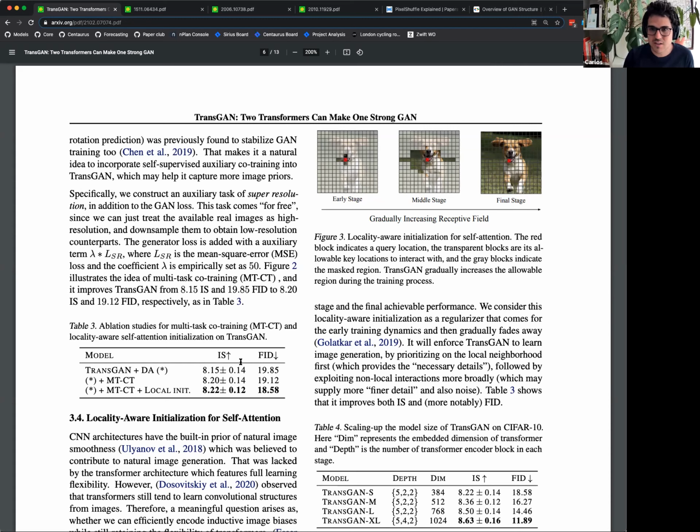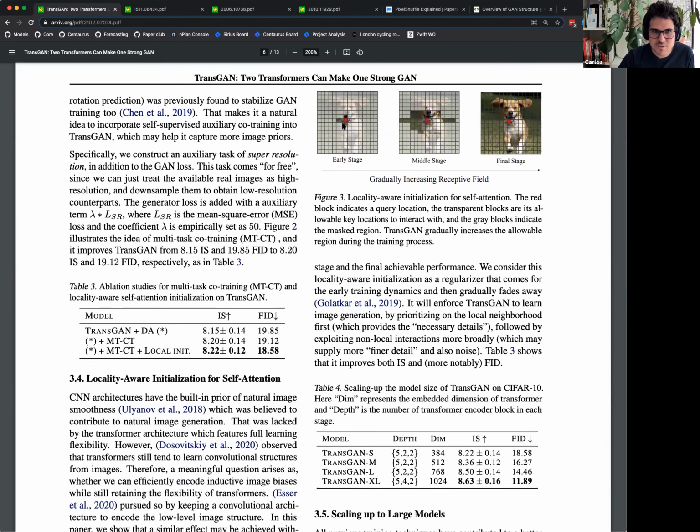They say that at the early stages of training, you need to force the network to learn the importance of locality, otherwise it's not going to produce good high resolution images. So they use this mask, which they gradually expand. In the early stages, the transformer is only allowed to attend to the local neighborhood, then in the middle stages it can attend to a bigger portion of the image, and then in the final stages of training it can attend to the whole image.